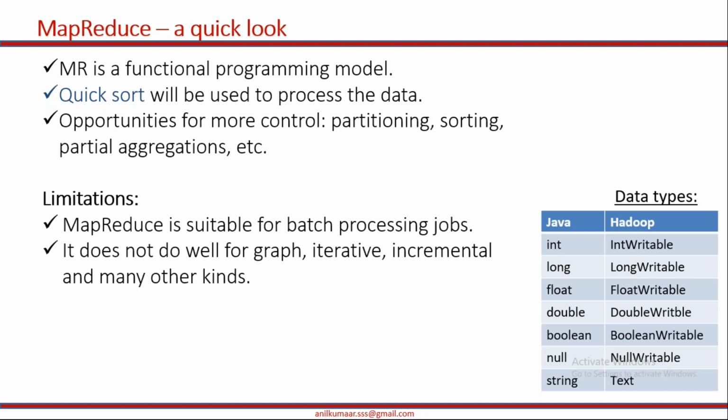This is known as Hadoop generics, or simply the Hadoop data types, nothing but the equivalent of Java. Because the programming and the interface have pretty much similarities with Java programming, the data types are also pretty much similar here. So whenever you want to talk about int, you have to think in IntWritable like that.